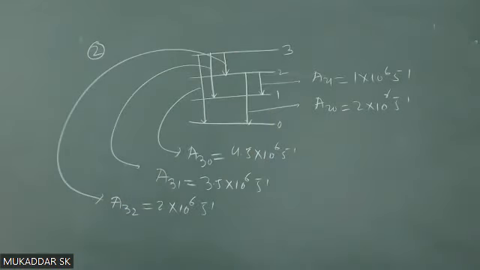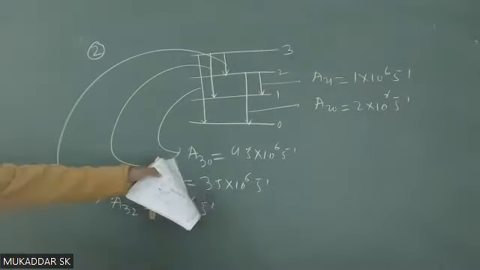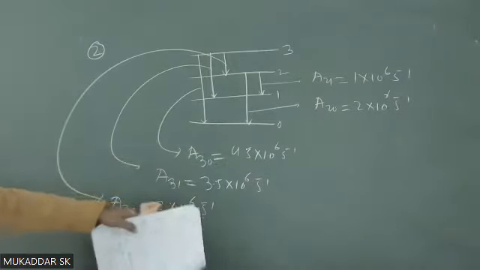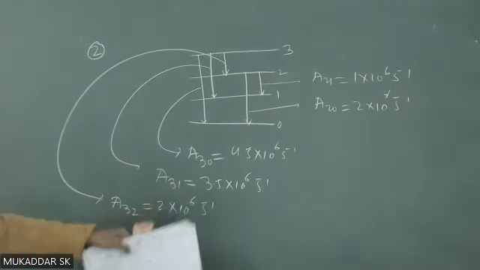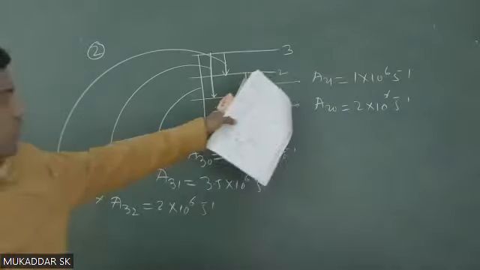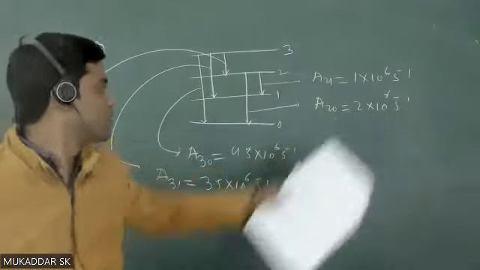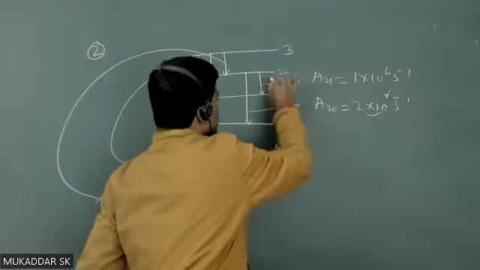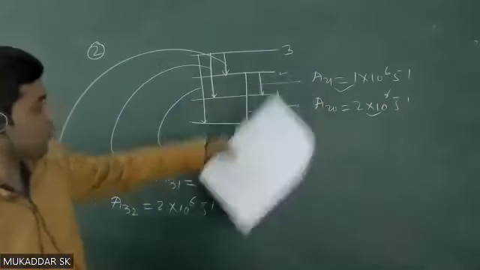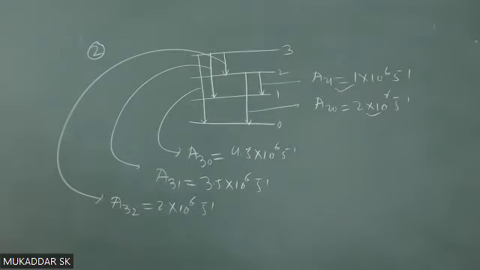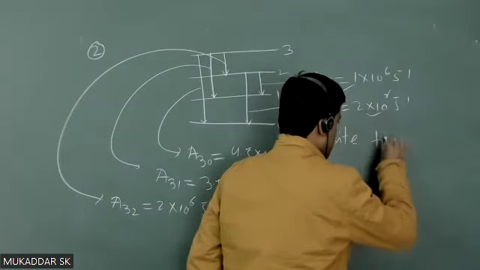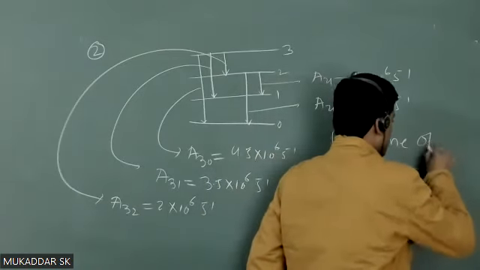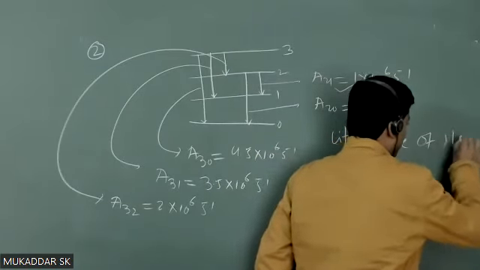So in this diagram, atoms from 3 can jump to 0 with spontaneous probability 4.5 into 10 to the power 6 second inverse, 3 to 1 with this probability, 3 to 2 with this probability. Further, atoms can jump from 2 to 0 by this probability, 2 to 1 by this probability. And this is all about your spontaneous process. The question is, you have to calculate the lifetime of level 3.